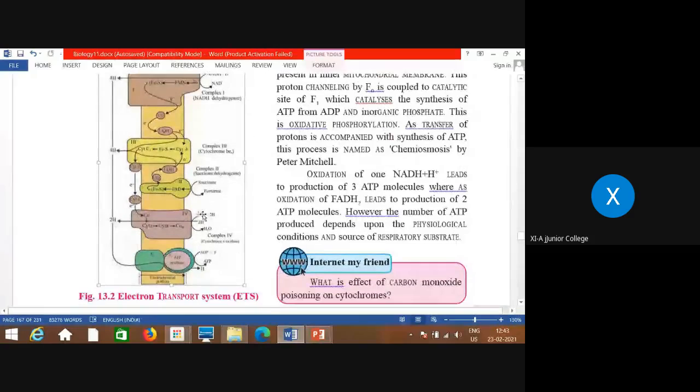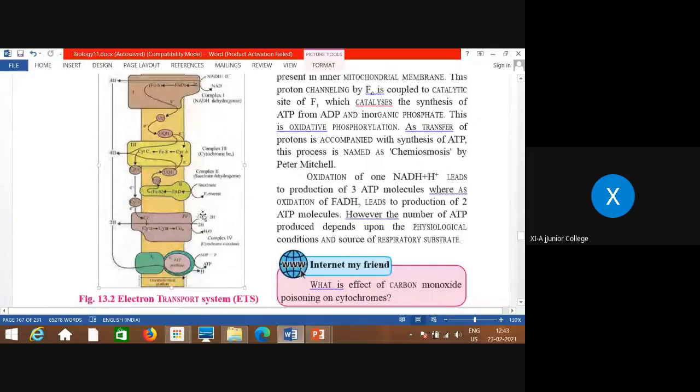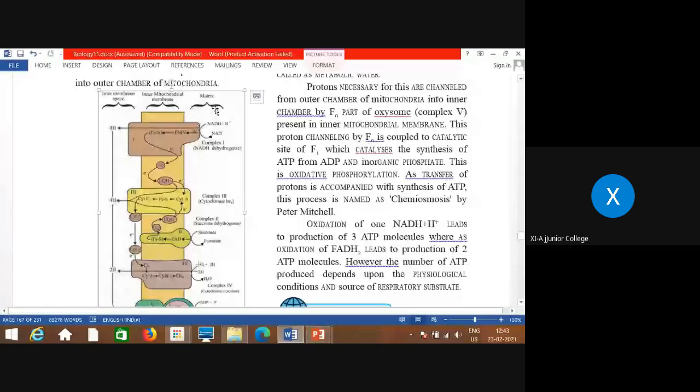Now see how this electron transport system works. This is the mitochondrial matrix, then the inner mitochondrial membrane, and this is the space in between the inner and outer membrane. This is the mitochondrial matrix where NADH2 is present.